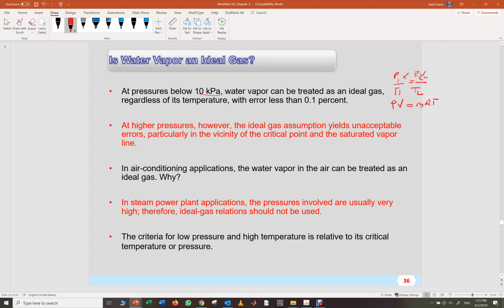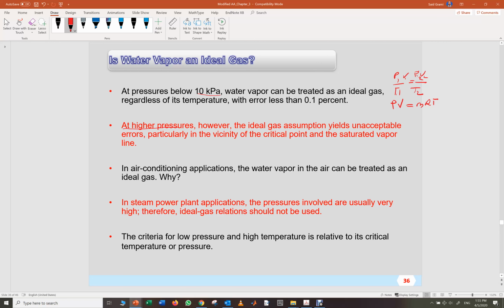At higher pressure, however, the ideal gas assumption yields unacceptable error, particularly in the vicinity of the critical point and the saturated vapor line. So at a high pressure, the water vapor cannot be considered as an ideal gas.